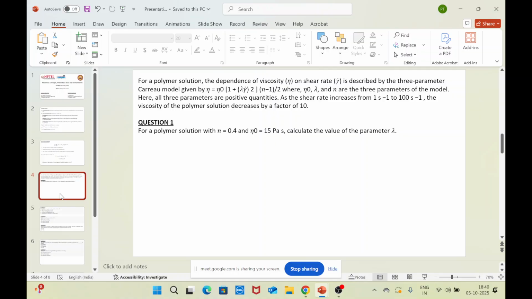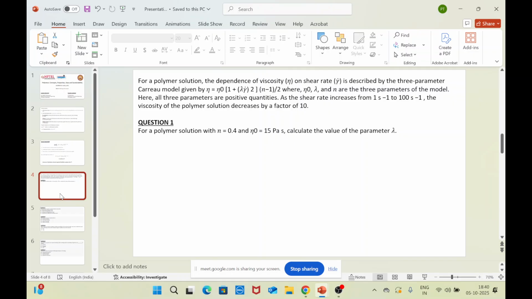So that reduces to a three parameter Carreau model, where eta naught, n and lambda are the three parameters of the model. All three parameters are positive.